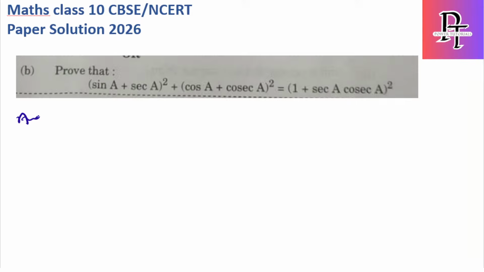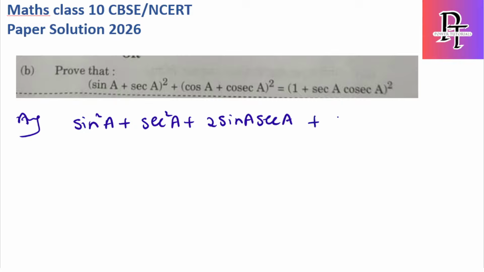So here there is no need for squaring on both sides, as the squares are already mentioned. So just apply the formula, a plus b whole square, which is a square plus b square plus 2ab. So I will get sin square a plus secant square a plus 2 sin a secant a plus cos square a plus cosecant square a plus 2 cos a cosecant a.